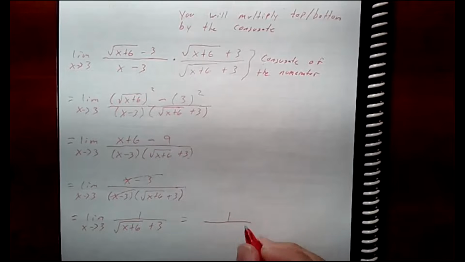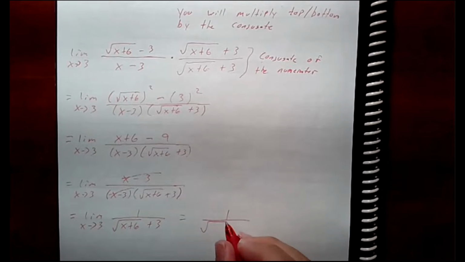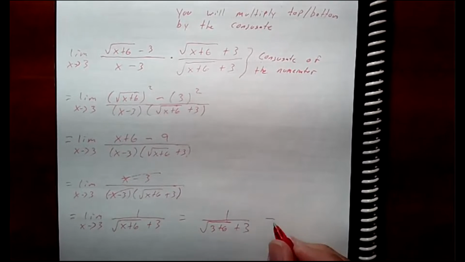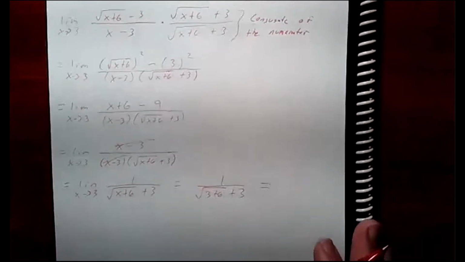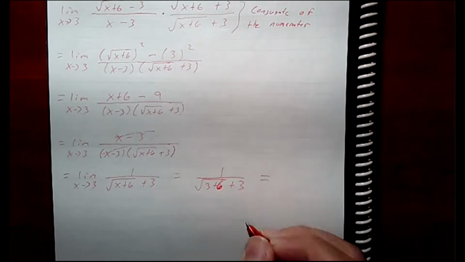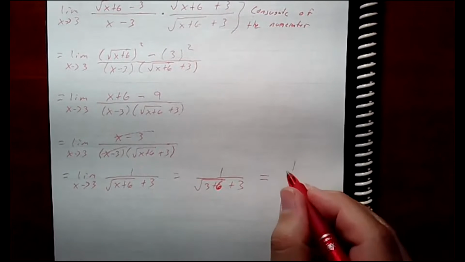I no longer have an issue. This will be the square root of 3 plus 6 plus 3. What is that limit? 6. One over six. Yeah, 1 over 6. So there's the limit.